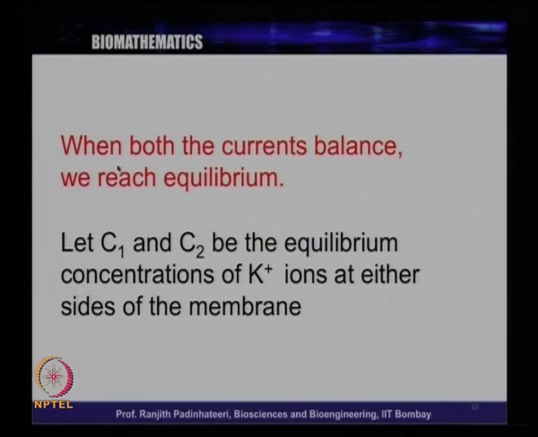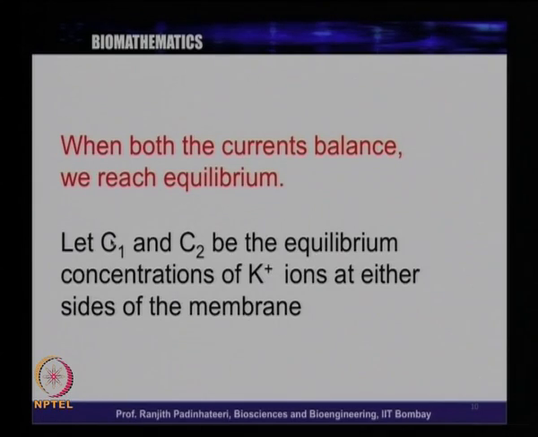So, let us go ahead. So, we understand that at equilibrium the flows should balance. The flow in this direction should be equal to the flow in this direction. The flow should be equal and opposite. So, when both the currents are balanced, we reach equilibrium. Let us assume that C1 and C2 are the equilibrium concentration of K plus ions at either side of the membrane.